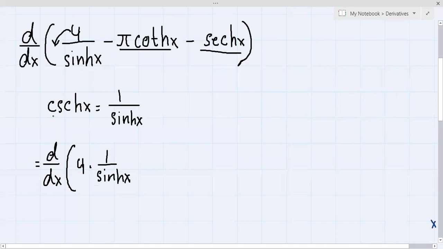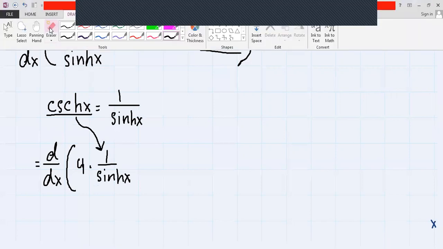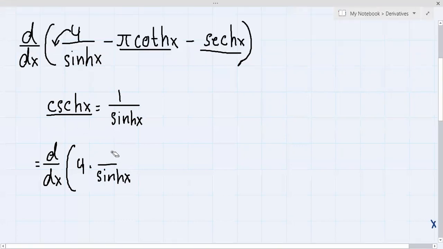So, 1 all over sinh x is the same as cosecant hx. So we can change this into cosecant hx, and we will have this. Now it is no longer a fraction with a denominator. It is already a whole function, a whole term.